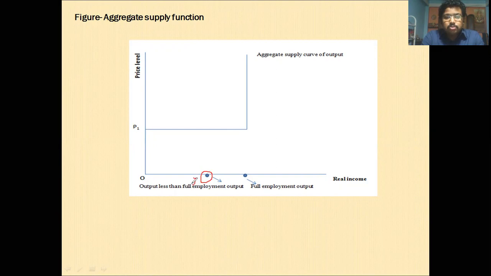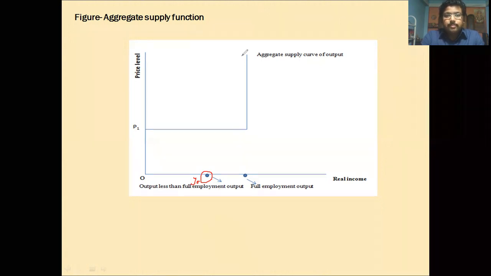It is determined by the intersection of the IS curve and the LM curve. So in the Keynesian version of the ISLM model, output is produced below the full employment level, where price is fixed. Understand? Where price is fixed, output is produced in the ISLM model.